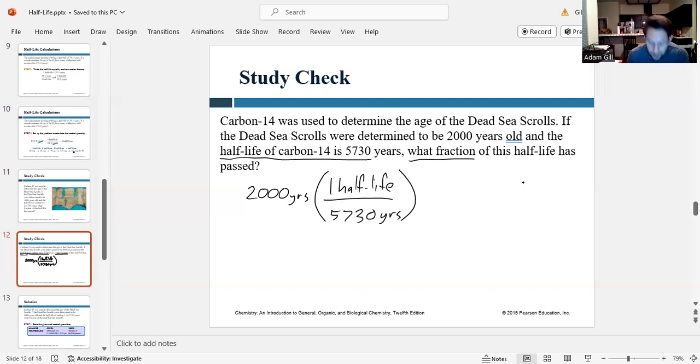When we multiply this across, the years will cancel. And if we punch that into our calculator, 2,000 divided by 5,730, I get 0.3490401, and it keeps going. Half-lives.